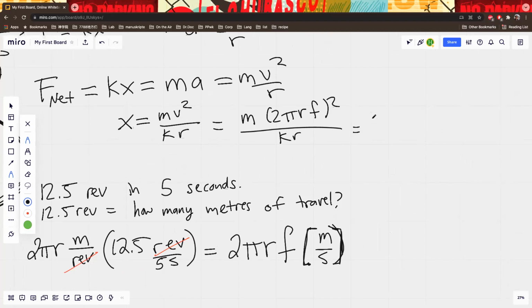So this will be 4m pi squared r f squared all over k. I see.